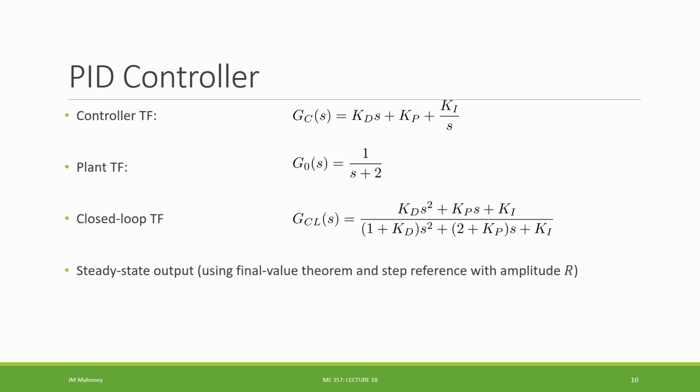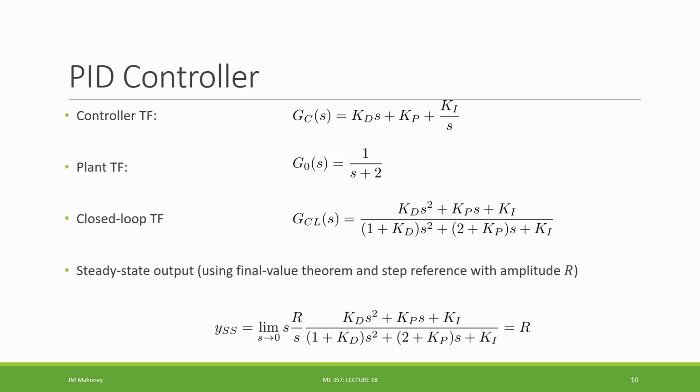So let's see what happens to the steady state value of the output. Again, I want to use final value theorem here, and now when I let s go to 0, I am going to get just R. The s squared term goes away, the s term goes away, and in the fractional part I'm left with a Ki over Ki, which goes to 1.